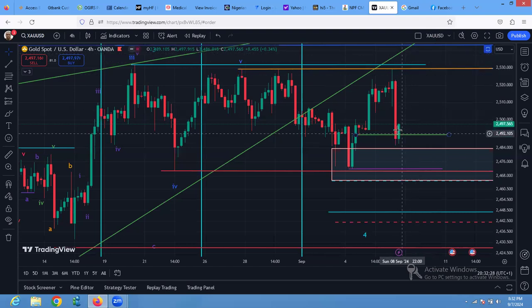But if it crawls up without breaking the top and it falls, it could fall down one more time. It could break the low one more time. At that point, we should be looking at counting this internal structure here.